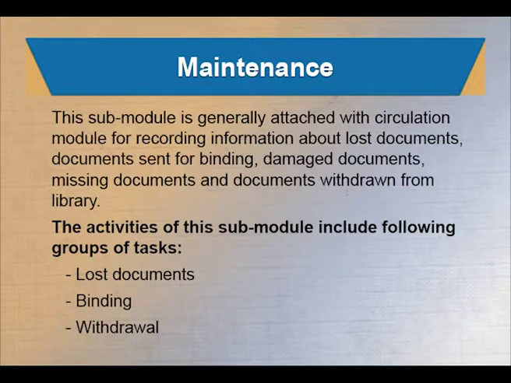Say for example, you withdraw a particular copy of a particular book. That information you need to update in the catalog database also, otherwise it will give wrong information in the OPAC module. So, these are the jobs related with the maintenance section of a circulation subsystem of an integrated library system.